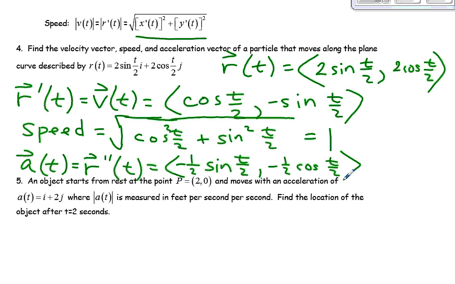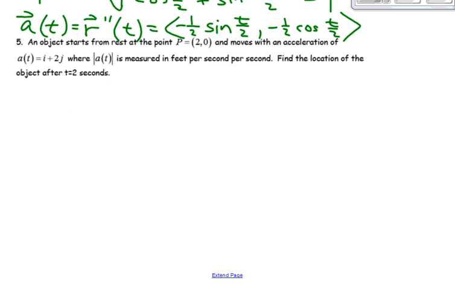All right, so very last question. So number 5, an object starts from rest. That's extremely important. We start from rest at the point (2, 0). So starting from rest is telling me about the initial velocity, and then starting at this point, that's my initial position. And it moves with an acceleration, and they give us a vector of 1i plus 2j.